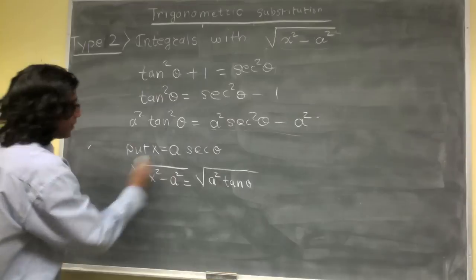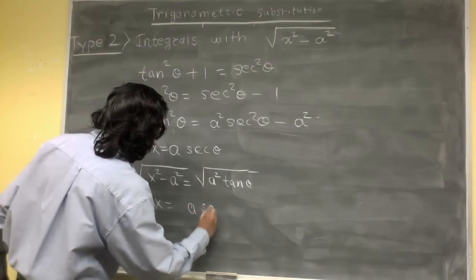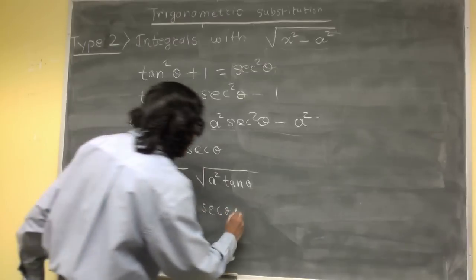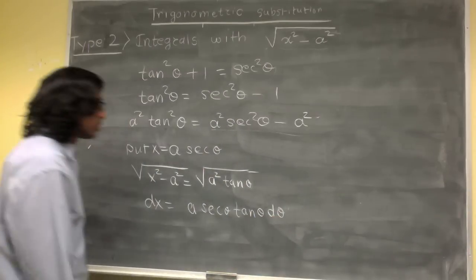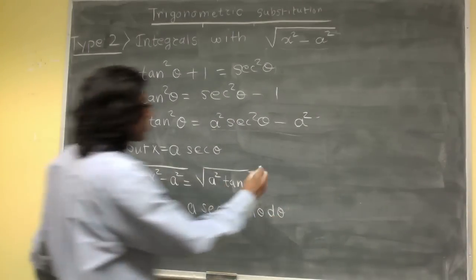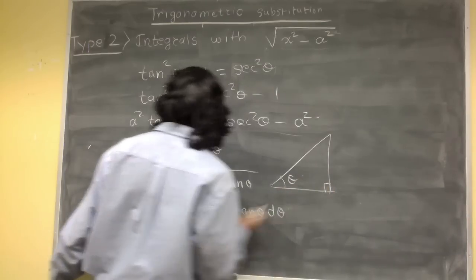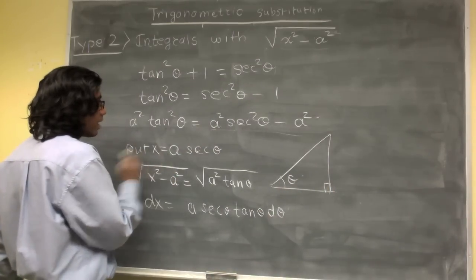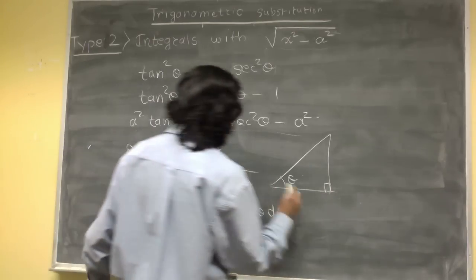Okay, so if you have this, what is dx? dx is a times secant theta times tan theta d theta. And the triangle corresponding to this is this. x over a is secant, so cosine is a over x.